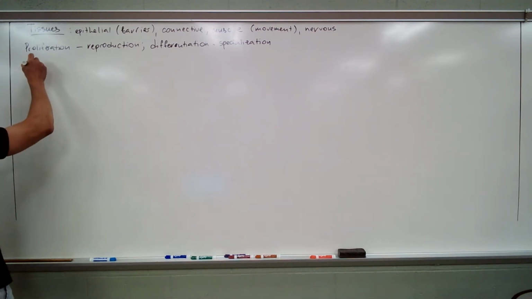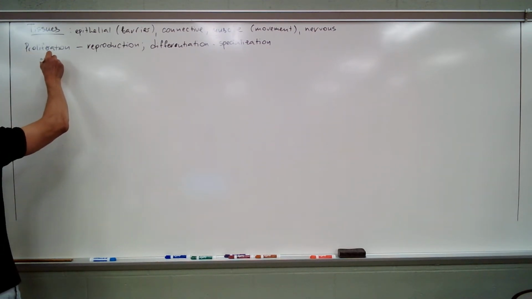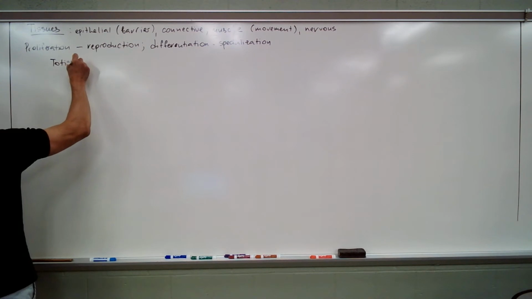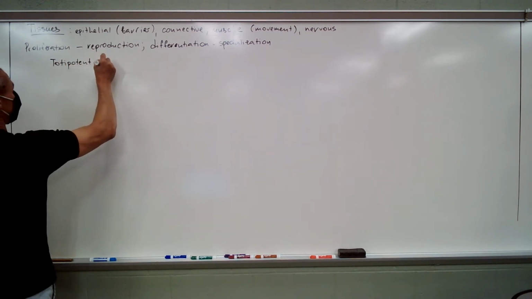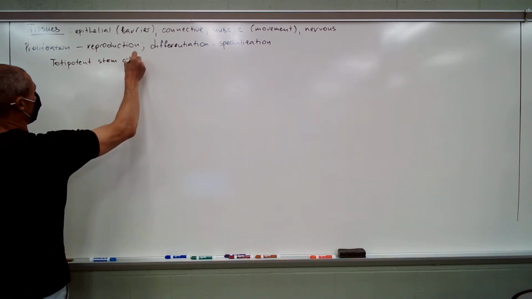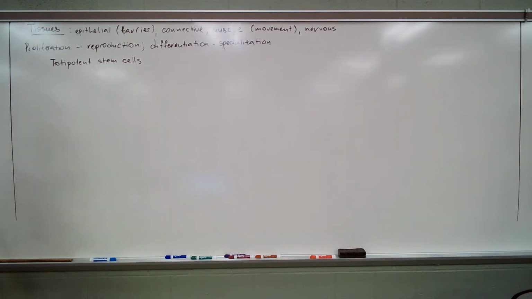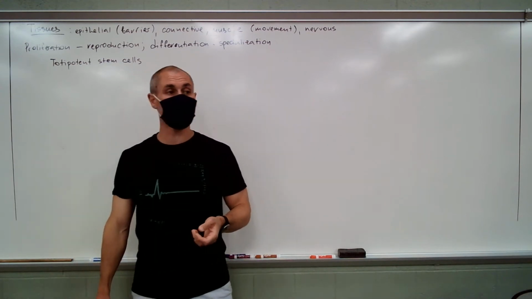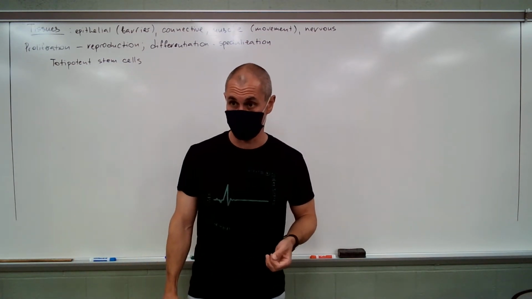So at the level of the embryo, we start with, it's not even an embryo yet, really, we start with totipotent stem cells. The term totipotent means potent can be toti, total, everything. So at this point, we're talking actually not so much about embryo, we're talking about blastocyst.